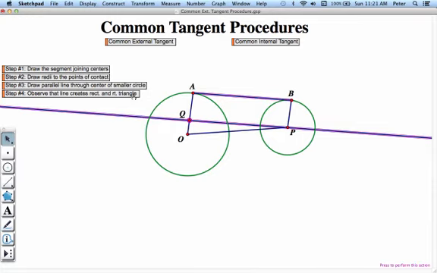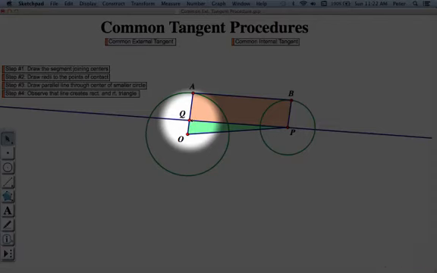Alright, then observe that that forms a rectangle, and we know it's a rectangle because we know that the angle formed by the radius and the tangent will be a right angle here and over here. And since these lines are parallel, angle OQP will be a right angle, so the right angle is always there.